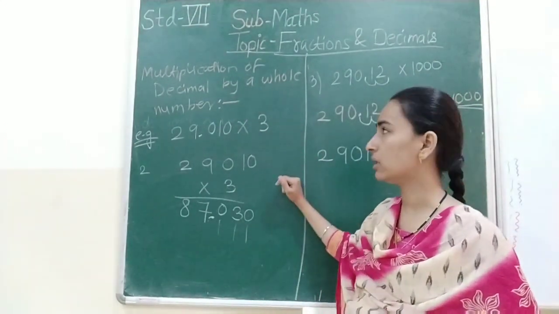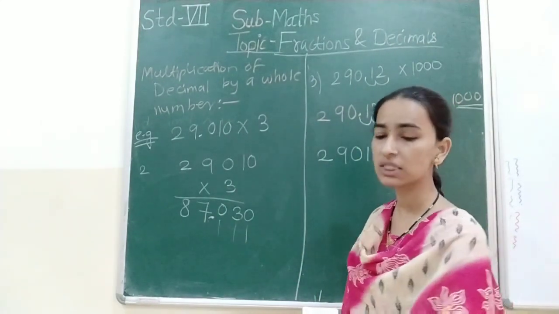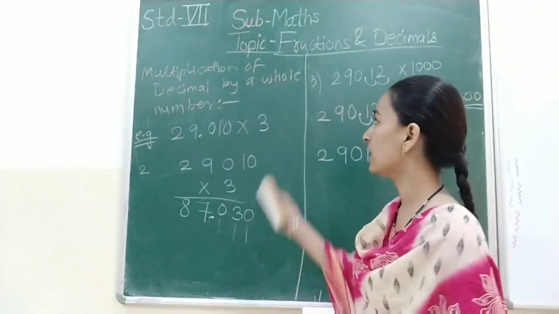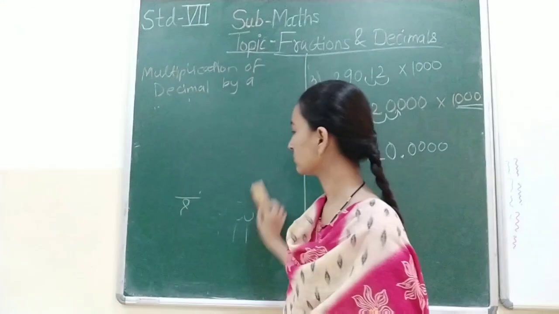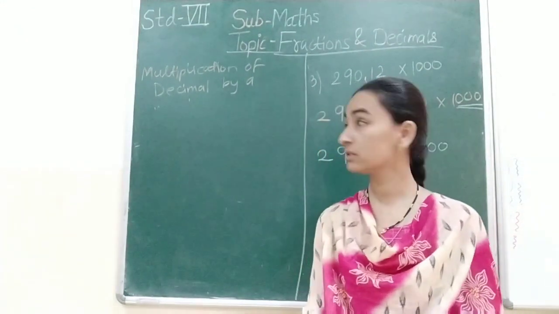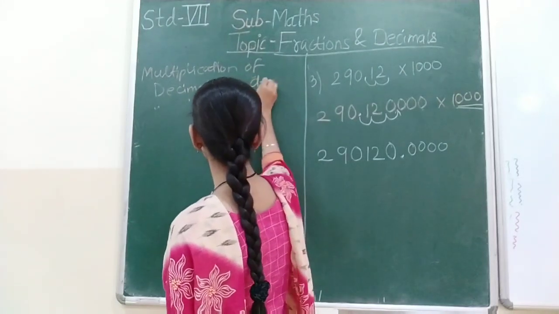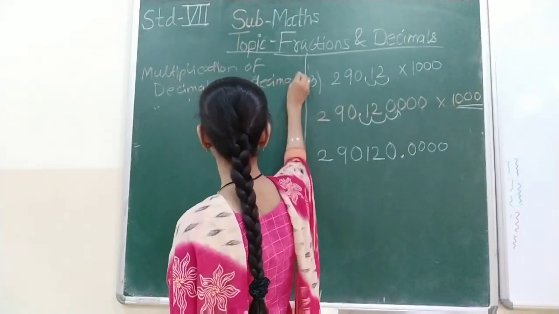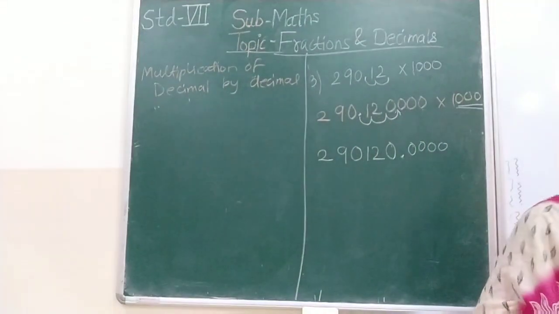Now what will happen if both numbers are decimal? How we will give the points? Yes. Now see the next. Next is multiplication of decimal by decimal. If both are decimal, what will happen?